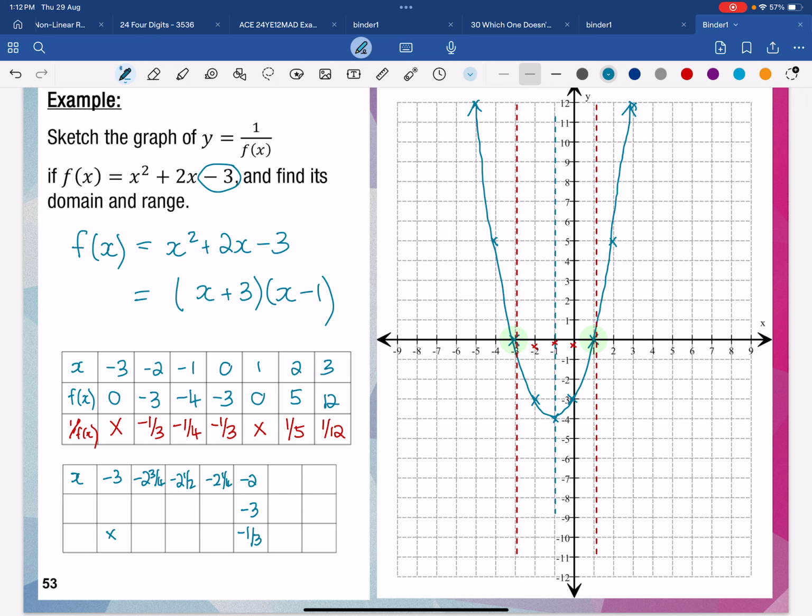So I have tried to set up my table because I was interested to see what my calculator would do if it can't find a value. And it spits the dummy. That's very interesting.